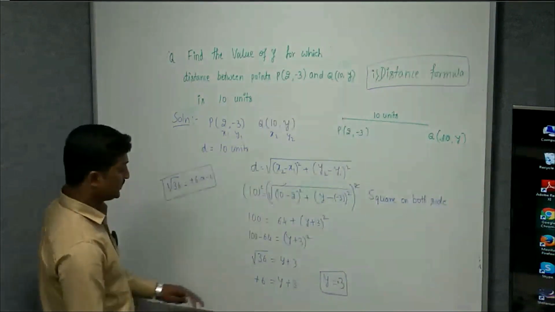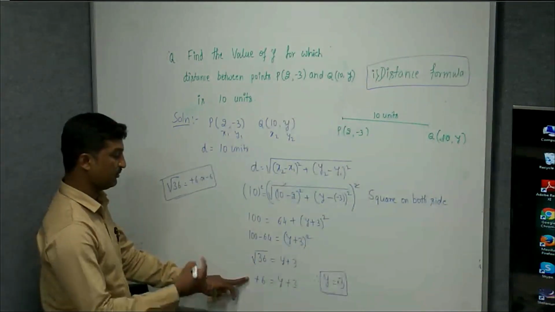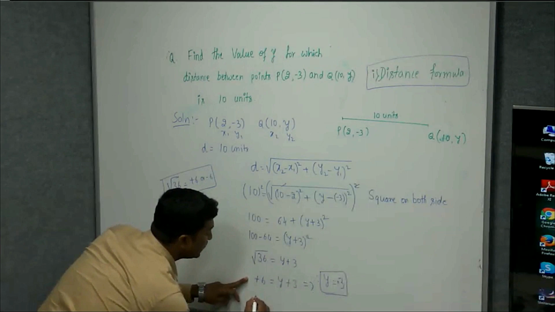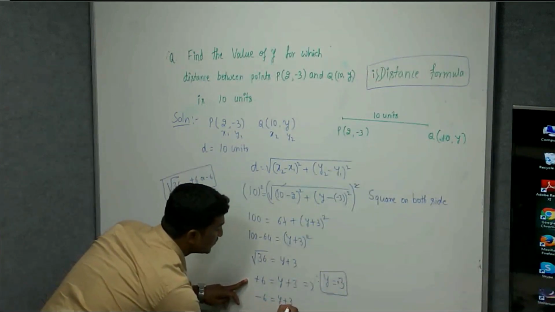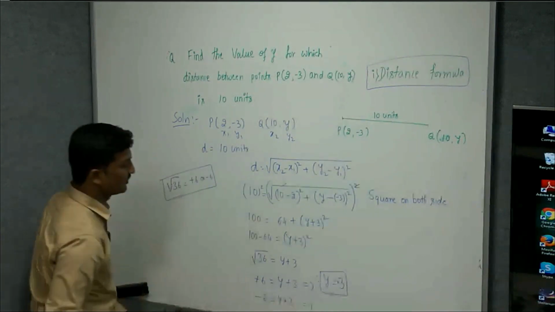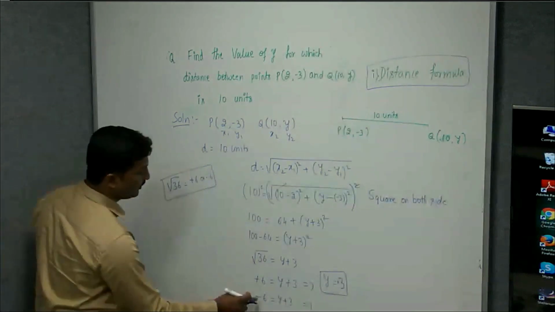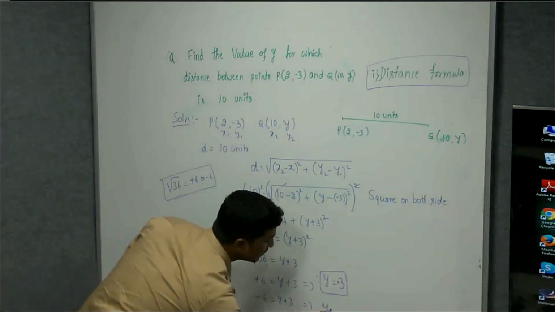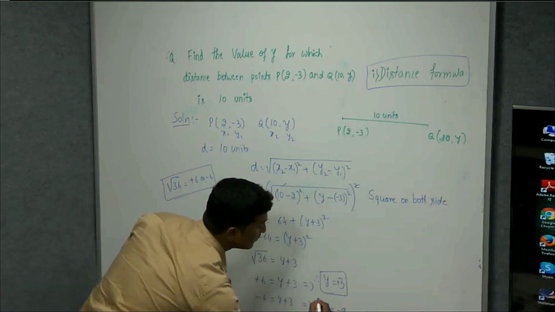Right? Instead of plus 6, if I take minus 6, then y plus 3 equals minus 6, and if you send this 3 to the other side, you are going to get the value of y as minus 9.